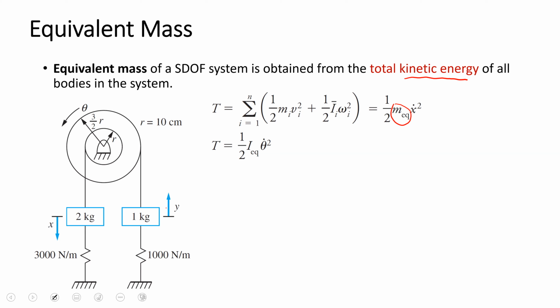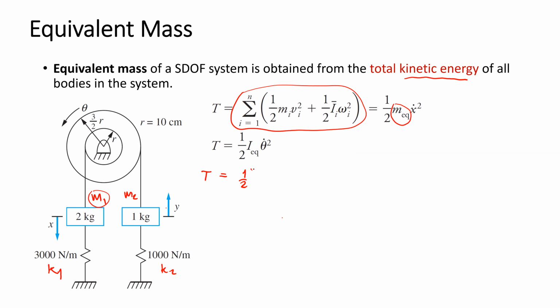So if we see this, we have K and we have M1 and M2. The total kinetic energy of the mass M1 is equal to 1/2 M1 x dot square.